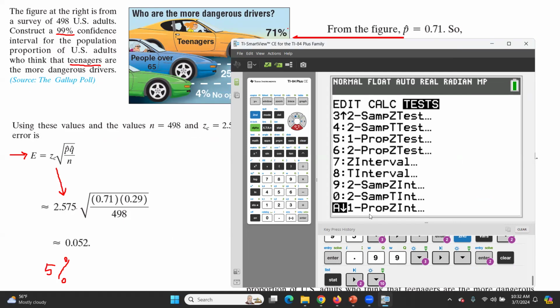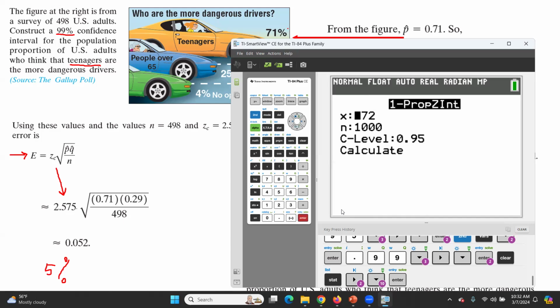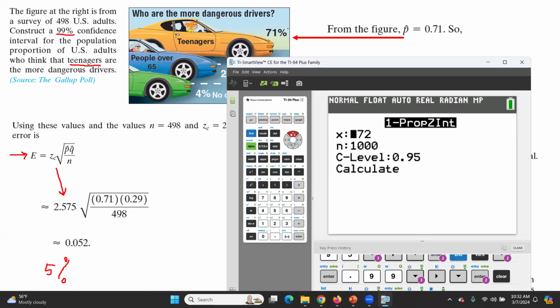So again, one proportion Z interval is the one that you're looking for. Hit enter. What is X? What is N? What is confidence level? From the question, I only know it is 71%.